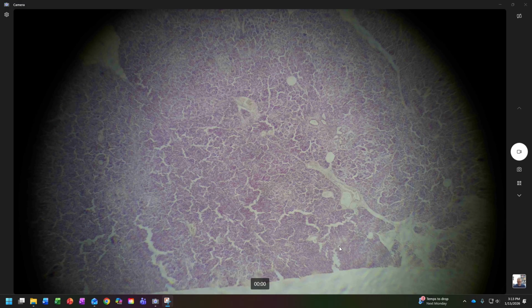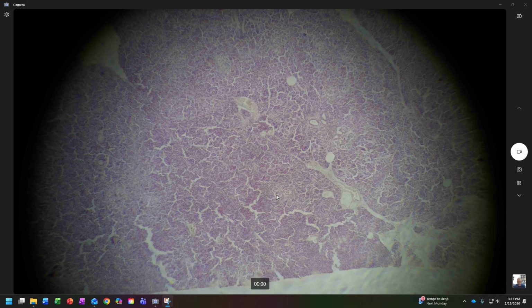It's a little darker. I'm thinking that if you see this area right here, I think this is an islet of Langerhans. It seems super big, but I don't know that they have any kind of size limit, so that might be what this is. I'm not quite sure yet.